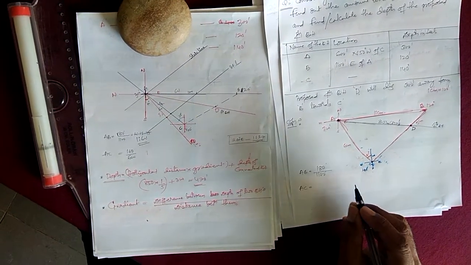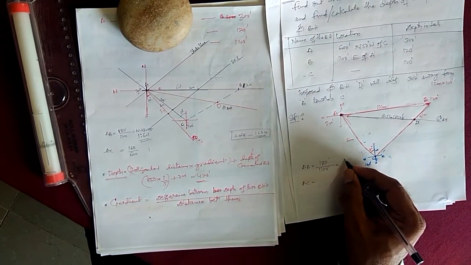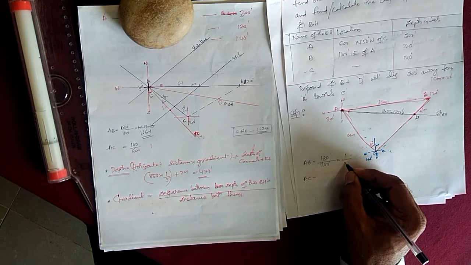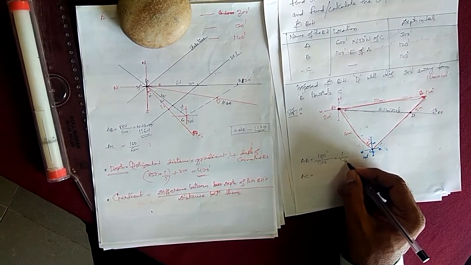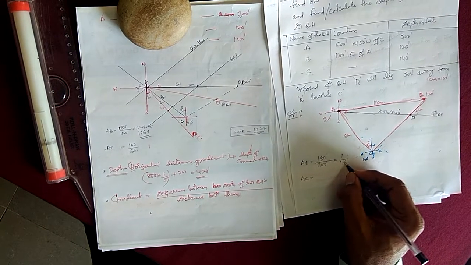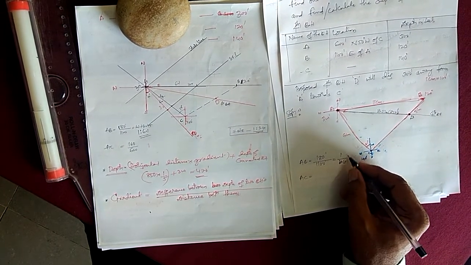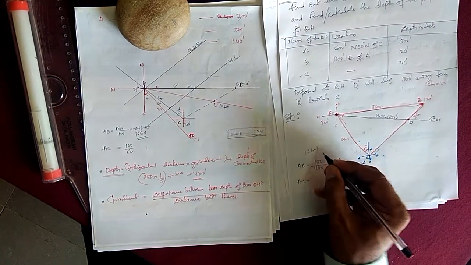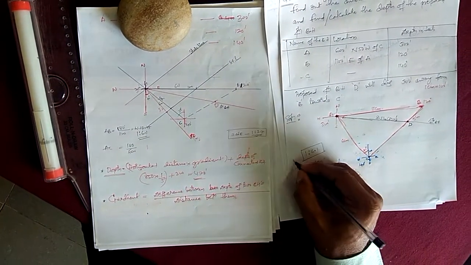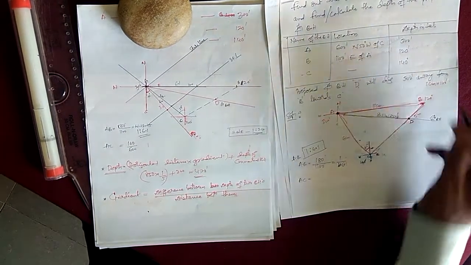If you calculate, you will get somewhere around 1 divided by 6.1. It means you can write 1 is to 6.1. This is the gradient of AB.